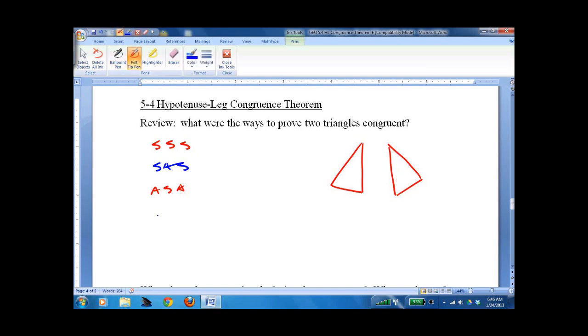And we had angle, angle, side, which would be an angle, another angle, and a side that was not included. Like that.